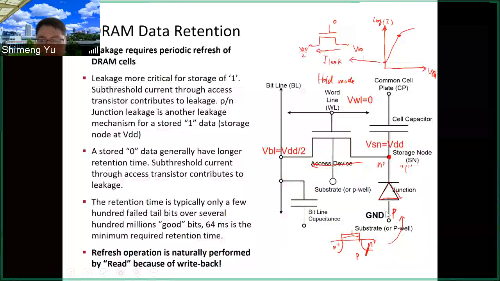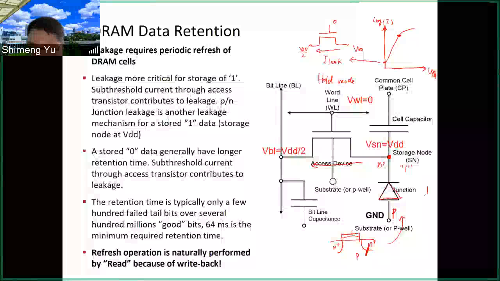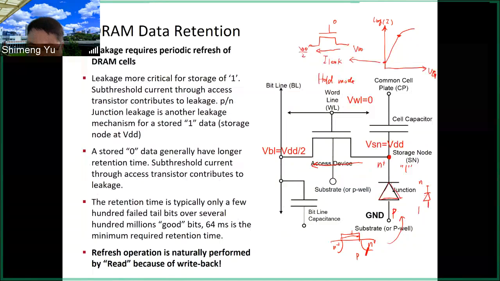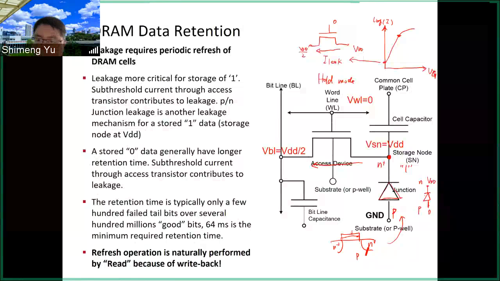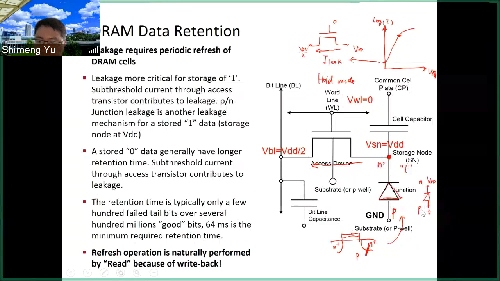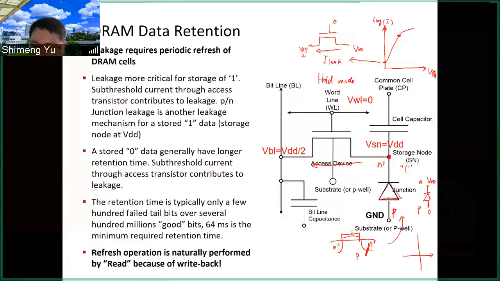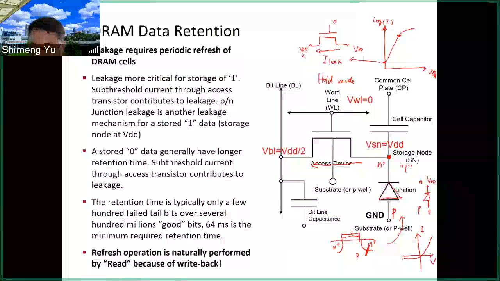And also this PN junction: this is N, this is P, but N is VDD, P is ground. So this is reverse bias. If you recall, in lecture 7, we talked about the IV of the PN junction.